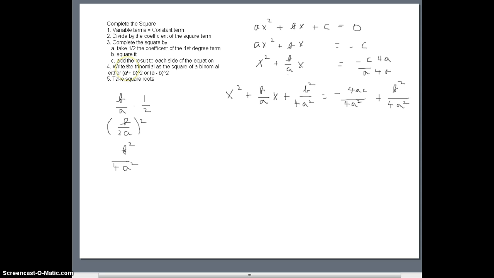Now we can write the trinomial either as the square of a sum or the square of a difference. Since this middle term was positive, we'll write it as the square of a sum. The value we squared was b over 2a. The square root of x squared was x, and the square root of b squared over 4a squared was b over 2a.